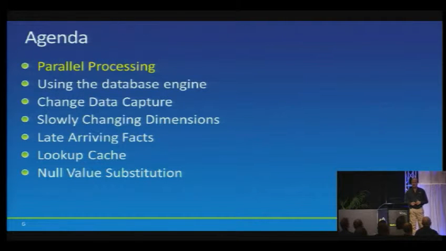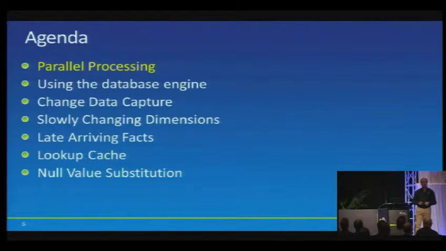So let's go through some topics now, specifically for SSIS. This is 2, 4, 6, 7, and I hope we have time to go through them. Otherwise, you have the slides. This is some of the key items that we encounter when we're tuning Integration Services packages. We'll talk about parallel processing and how that works well for us, when to use the database engine, the new feature around change data capture.